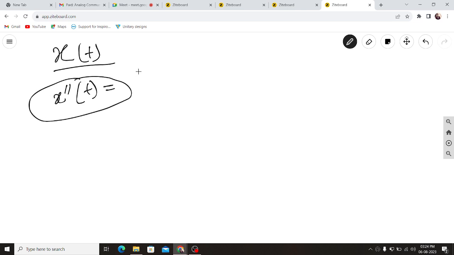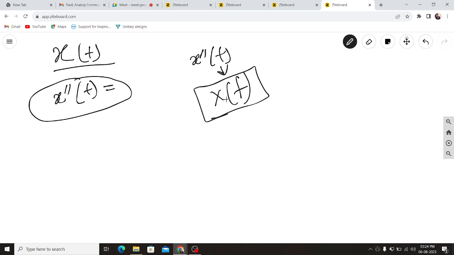So we have a real signal x(t), and we are doing a double derivative of that signal. If we do the double derivative, what does that mean in terms of the Fourier transform? What happens to the function with respect to the angular frequency, X of omega?